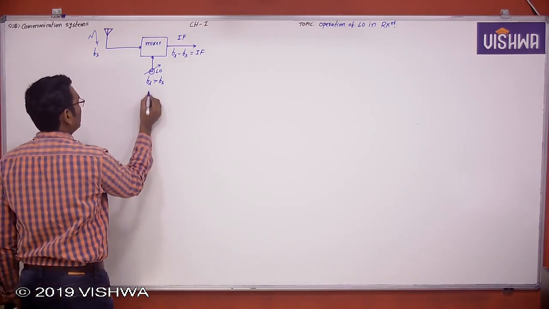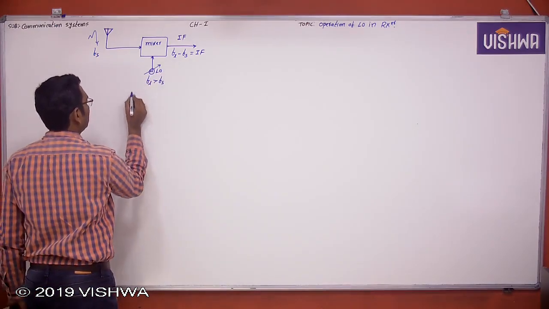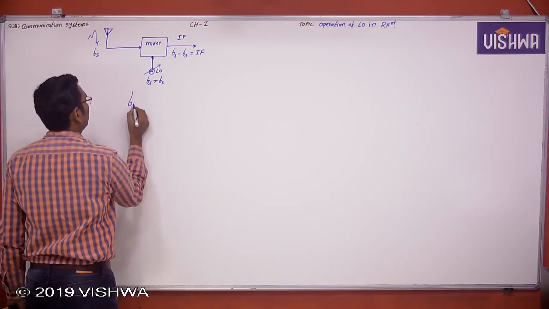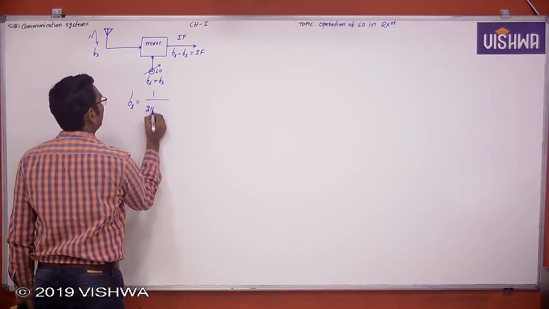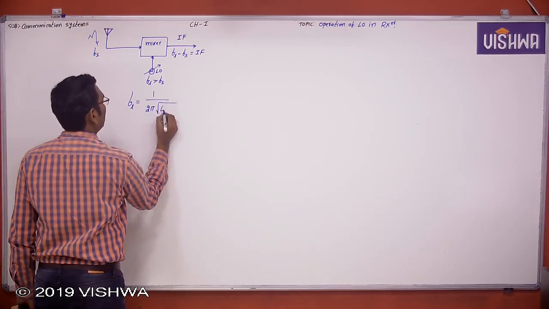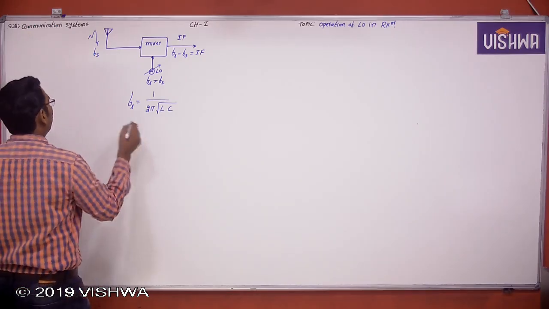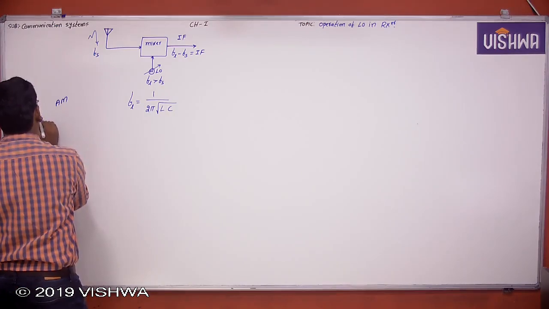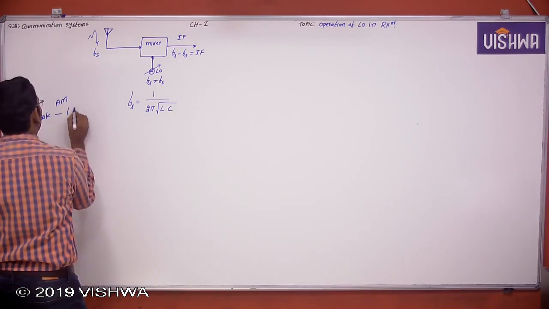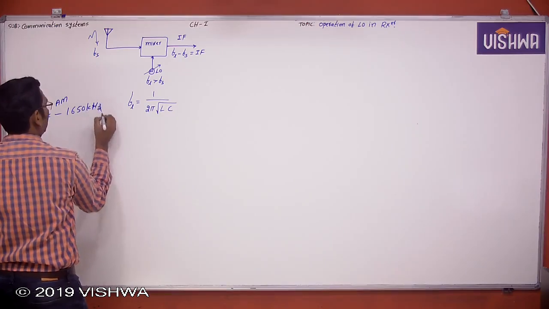Generally, this local oscillator is nothing but a Hartley oscillator. The resonant frequency of oscillator Fl is equal to 1 by 2 pi root LC. If you take AM range, what is AM range? 550 kilohertz to 1650 kilohertz, right?